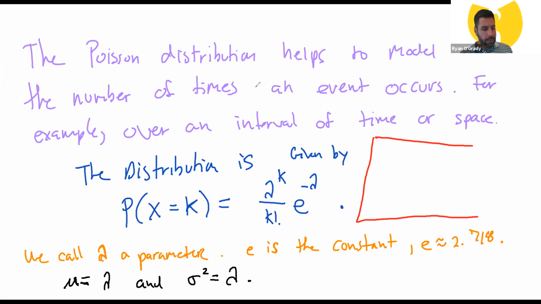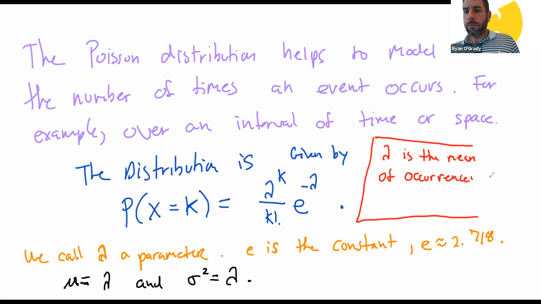And so for that reason, we think of lambda as the mean of the occurrences over a given unit. So maybe it's an hour, maybe it's an area, maybe it's a volume, depending on what you're studying.